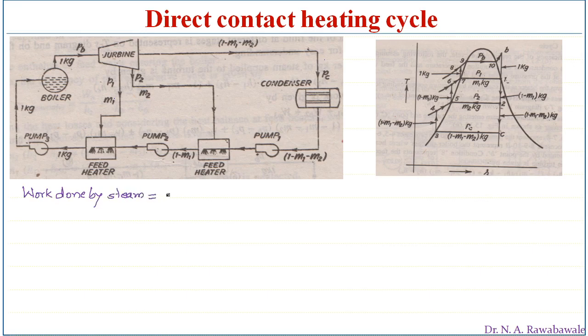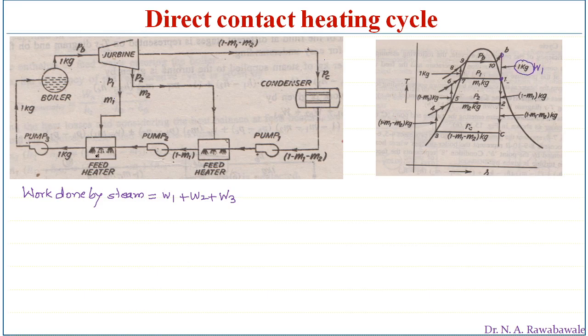Work is done by steam as W1 plus W2 plus W3. So where is W1? W1 is between B to 1. How much steam is doing work? 1 kg of steam is doing work.